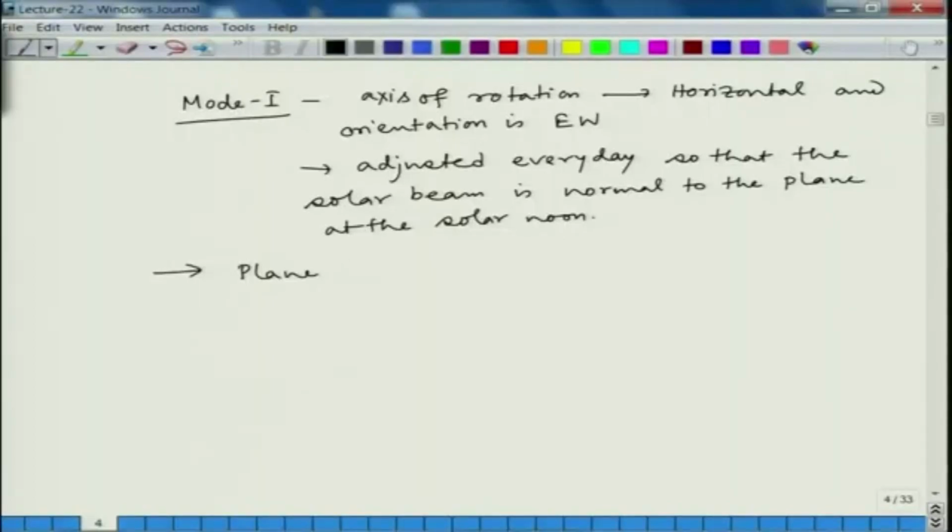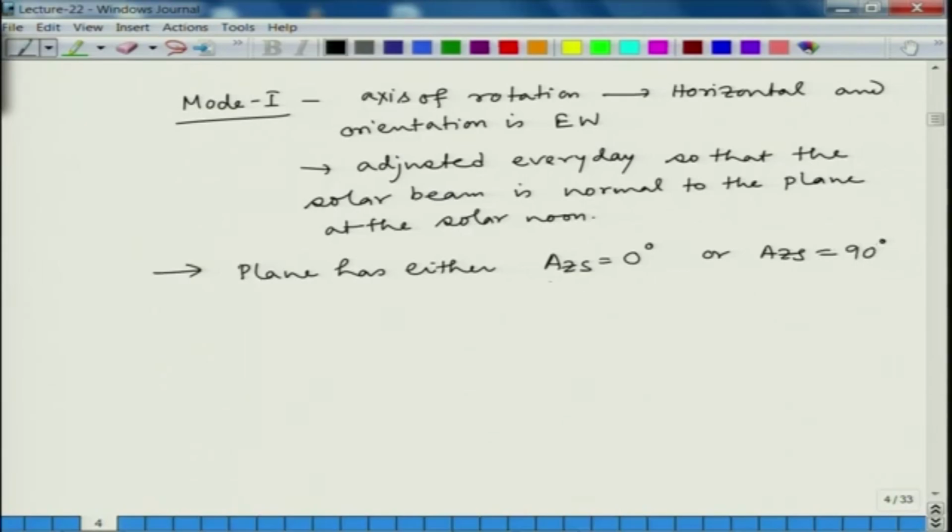So, for the northern hemisphere the orientation will be towards south, and for the southern hemisphere the orientation will be towards north. So, plane has either surface azimuth angle to be 0 degree or surface azimuth angle to be 180 degree.